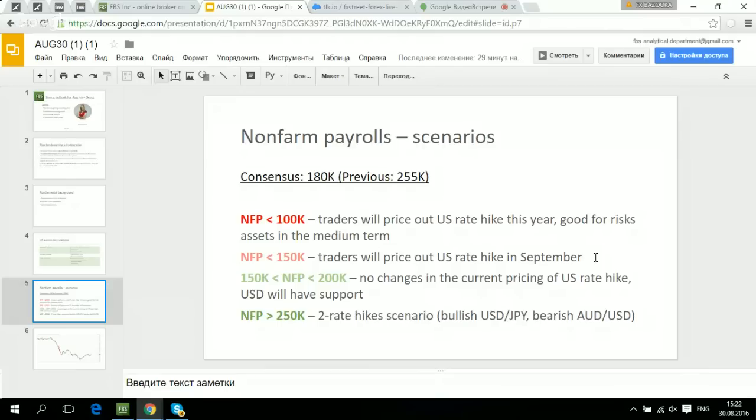However, as I've mentioned a bit earlier, US non-farm payrolls is not the only release of the US labor market. We'll also get average hourly earnings, and there are reasons to believe that the growth of this indicator has slowed down in August due to some seasonal factors. So pay attention to this fact. This may diminish the positive impact from non-farm payrolls, even if it comes at good levels.